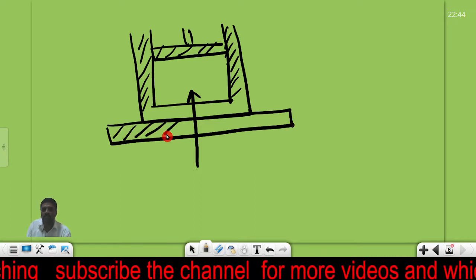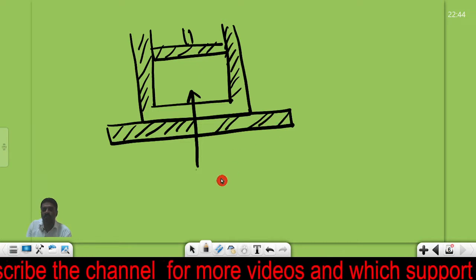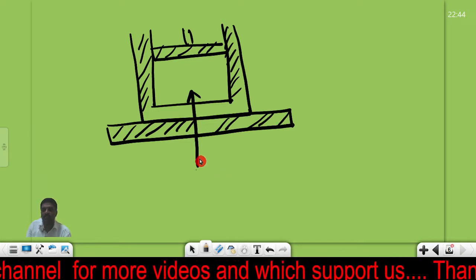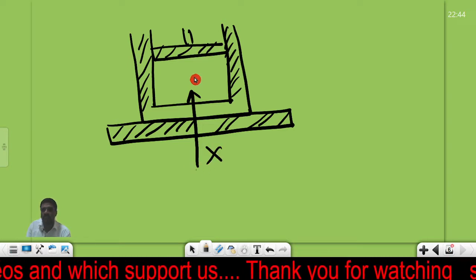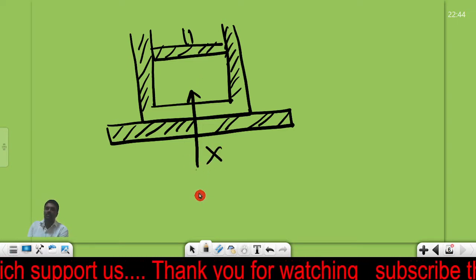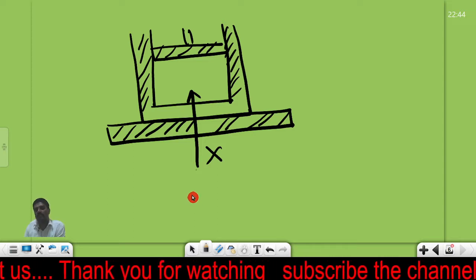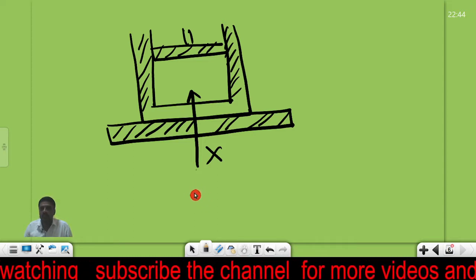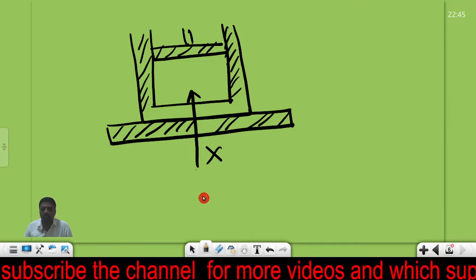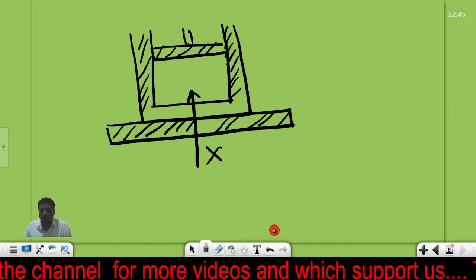If I keep the cylinder on this insulating stand, it won't allow heat energy from the surroundings to reach the working substance. This is the importance of the insulating stand. That covers the Carnot heat engine and its parts.